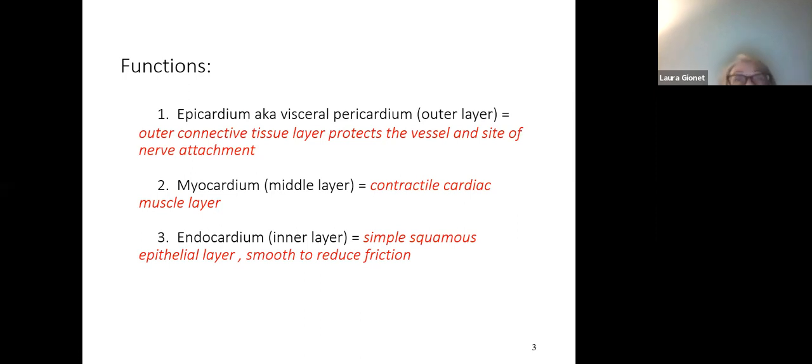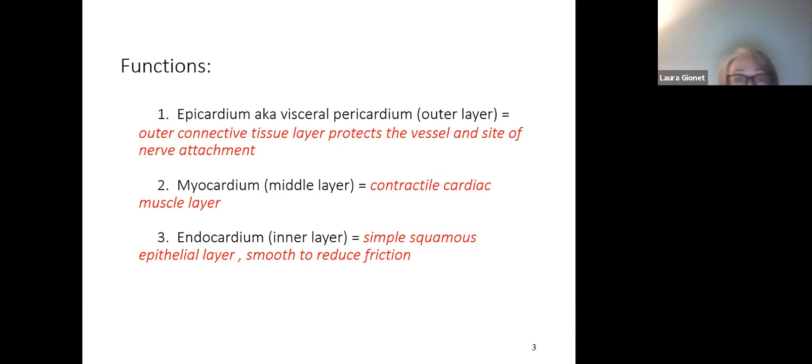As that organ generally has to expand and contract, the outer connective tissue layer reduces friction of that organ with any adjacent or other organs or tissues. It also serves to anchor nerves and blood vessels that are entering and exiting it, so that way they don't vault off, as in this case, the heart is expanding and contracting.